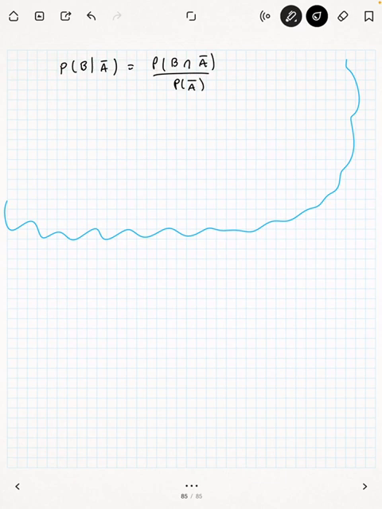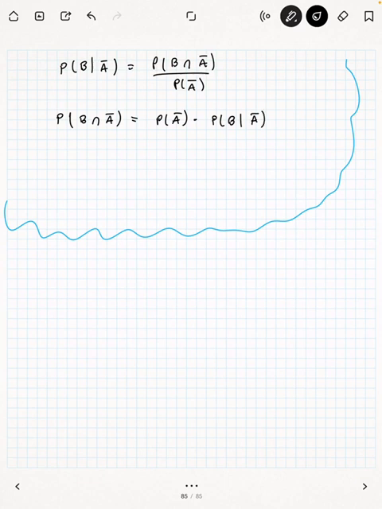This is from the definition of conditional probability. We can rearrange this formula this way, we'll multiply both sides by P of A bar. Probability of B intersection A bar is the same as the probability of A bar times the probability of B given A bar has occurred.